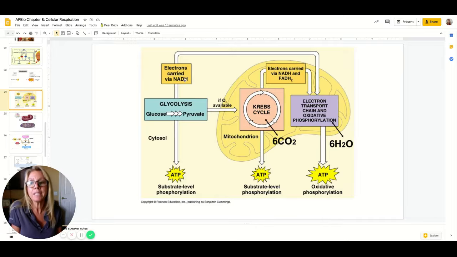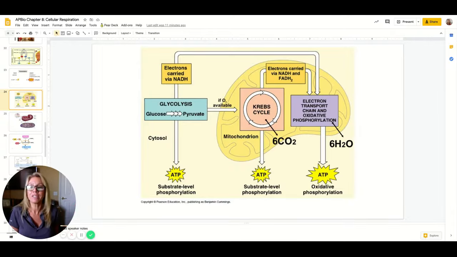So these 2 NADs, instead of doing fermentation, we're going to send to the electron transport chain in the mitochondria. The inner membrane of the mitochondria, called the cristae, is where we're going to do that. And there, just like we did in photosynthesis, we're going to concentrate hydrogen ions, and then we're going to use that concentration so that the hydrogen ions can pass through the ATP synthase complex and we can generate some ATP.